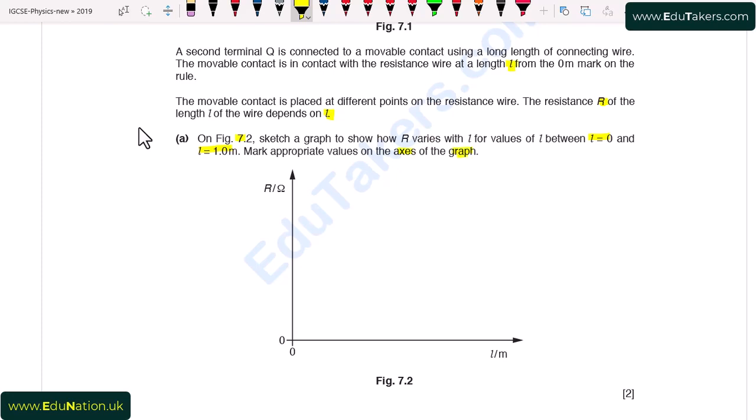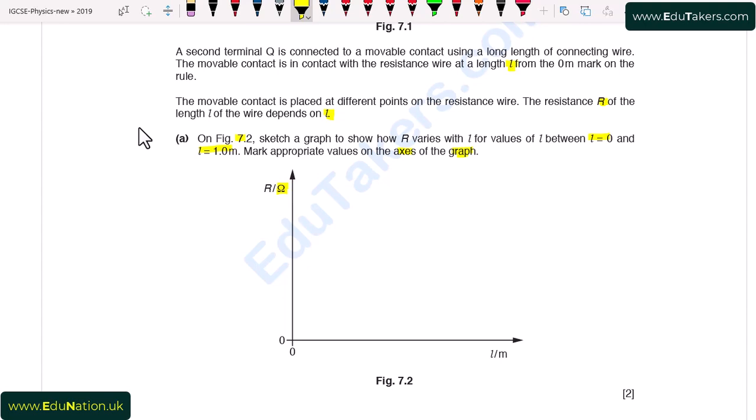So first of all, here we have to show the relation between R and l, where R is the resistance and l is the length. And we know that length is taken along the x-axis and it's measured in meters, while the resistance is taken along the y-axis and it is measured in ohms. We have to draw the graph between these for length 0 to 1 meter.